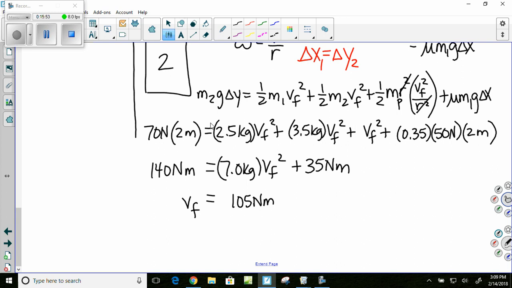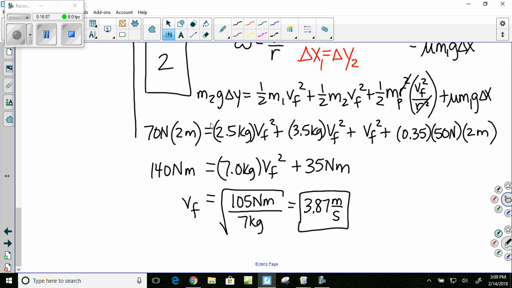Take the square root of that, and we'll take the positive root, and we end up with 3.87 meters per second. So the same answer that we got doing forces and torques, but using energy. And now you can decide which way you would rather approach the problem.